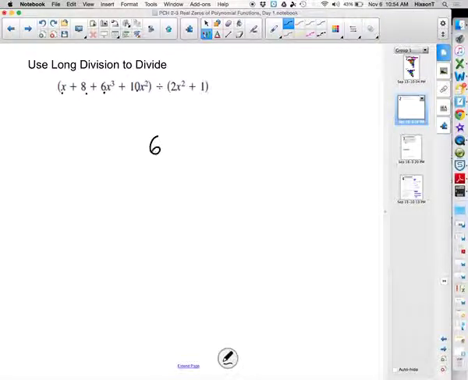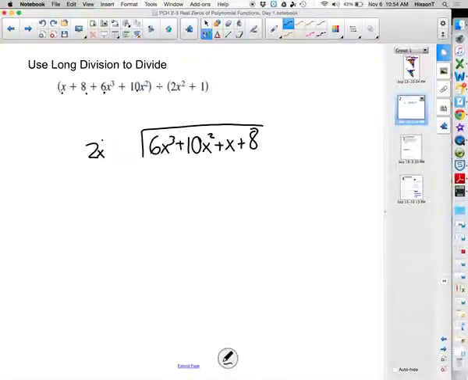So I would put my 6x cubed first, plus the 10x squared, plus the x, plus the 8. Now I have all the powers of x accounted for from the cube all the way down to my constant, so I don't need any placeholders there. But it would be helpful to go ahead and write this out as 2x squared plus 0x plus 1.